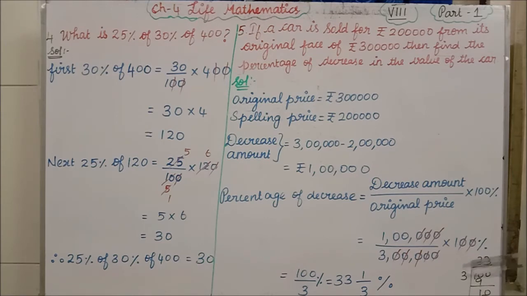So, how am I writing? The quotient 33, and the remainder 1 divided by the divisor 3. So 33 1 by 3 percentage is the answer. Clear? So this is the value of percentage decrease in the car. Clear, students? All of you, the fifth question.